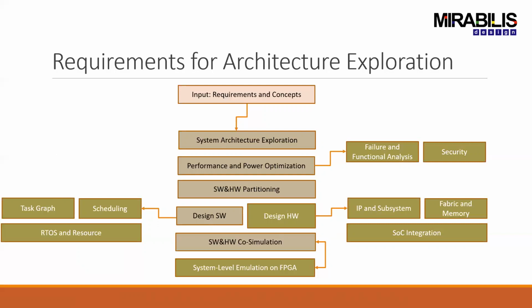Rather, you're trying to get, how does that requirements translate into an engineering problem? From there, you start moving to performance, power, optimization, and trade-offs. In this case, you're looking at failure, functional analysis, security, a variety of those kind of attributes.